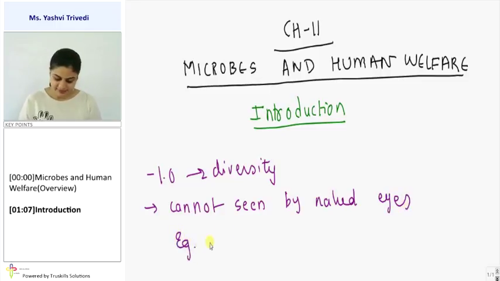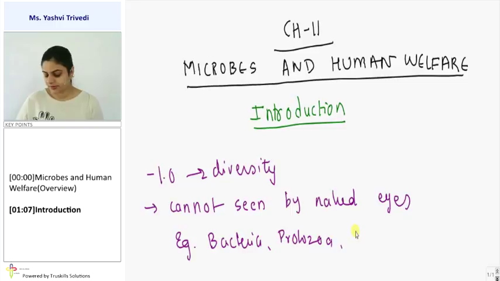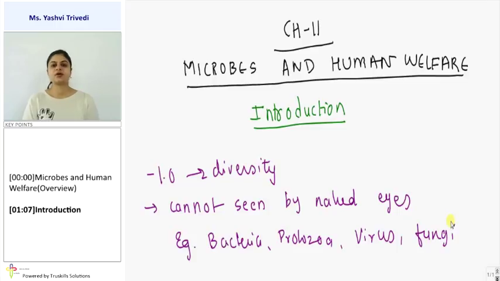For example, bacteria, protozoa, virus, fungi, etc. All these organisms cannot be seen by the naked eye. You need to use a microscope for their study.